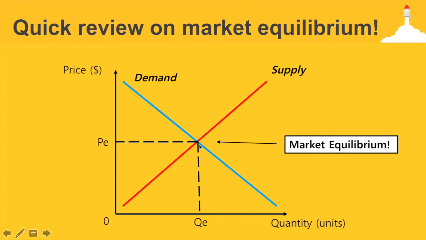Okay, and in this diagram, there is no government intervention, which means there's no external intervention to a market. So this represents a free market where demand and supply determines the price of a product.